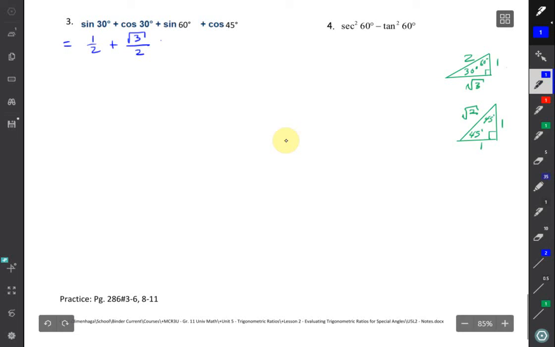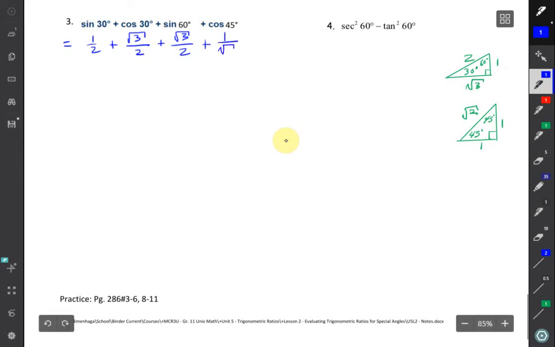The sine of 60 is the opposite of 60 over the hypotenuse, which is root 3 over 2. And the cos of 45 is the adjacent over the hypotenuse, which is 1 over root 2.